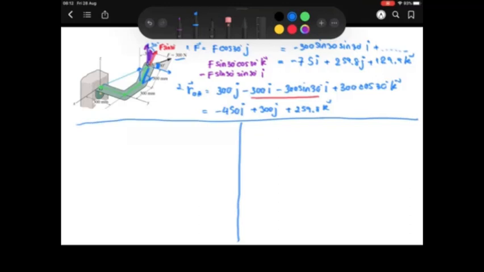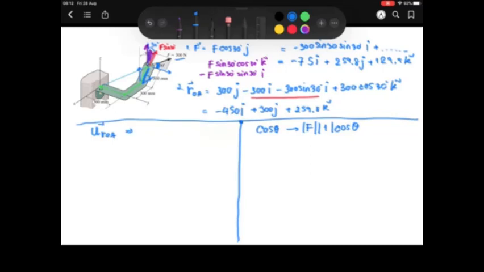You can use the component will be equal to the size of F multiplied with one and then cos theta, or you may find the whole term of the unit vector U of ROA and use the concept of F dot U, and these two you should get the same answer.